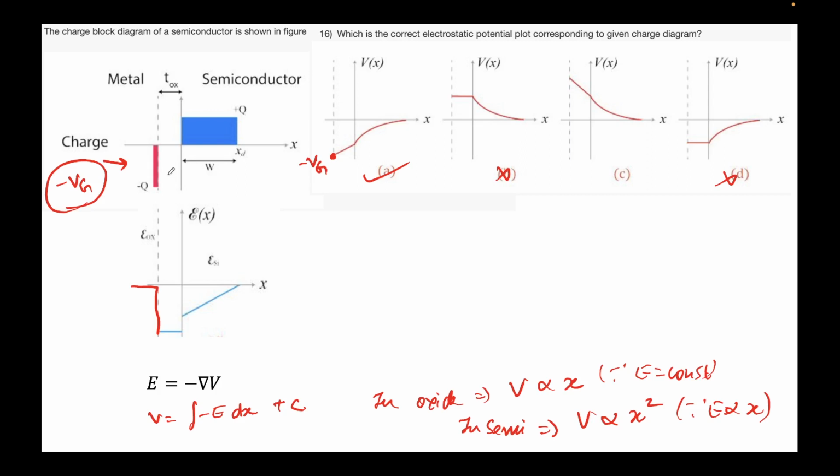Because you applied a negative gate voltage. This was a negative charge here, and to balance it, there was some positive depletion charge, right? So all the electric field profile was in the negative direction, correct? Here we see electric field on the positive side. When can that happen? The polarity has changed. Very simple, very logical explanation. MOSCAP type is NMOSCAP.